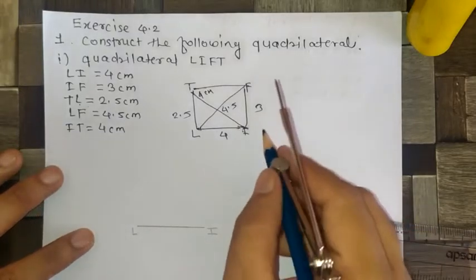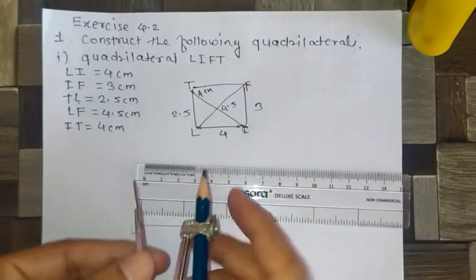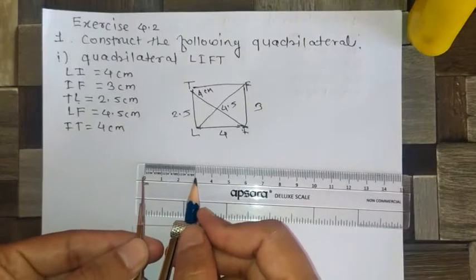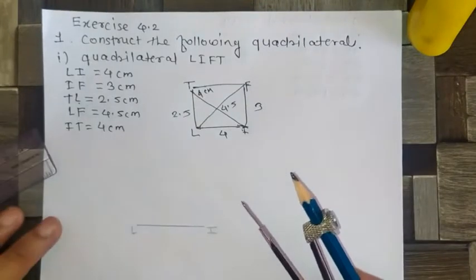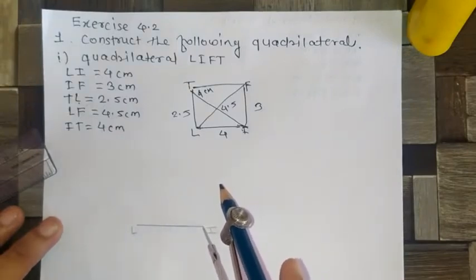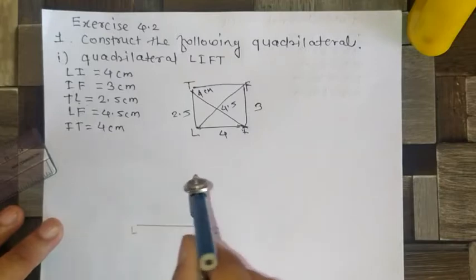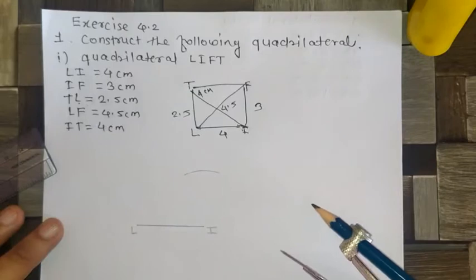Then this point I is attached with F. So you have to take 3 centimeter measurement by using compass and take point I as a center. So your next step is take I as a center with radius 3 centimeter and draw the arc. So this is the arc.